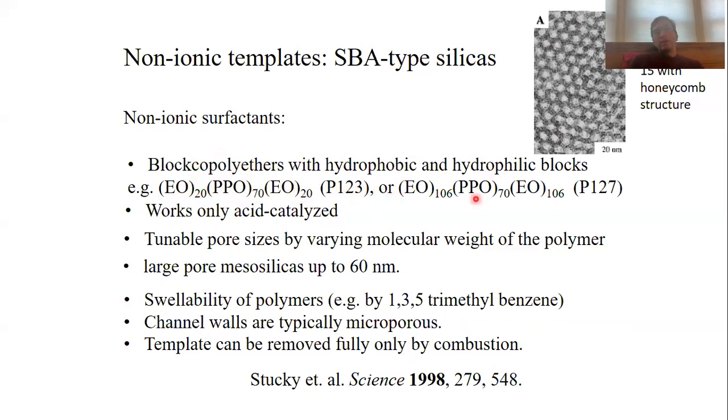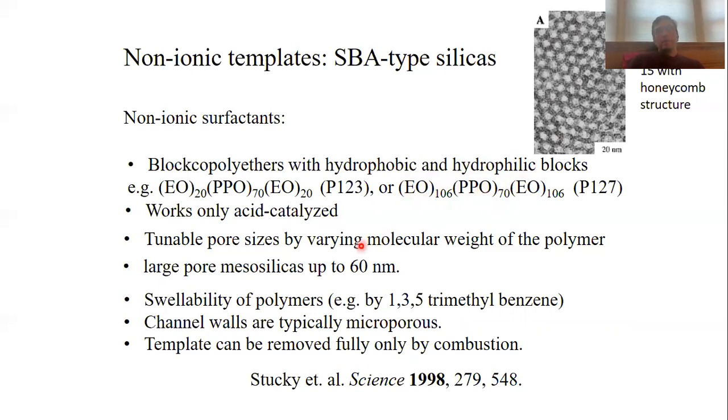Okay, here's another example. This is called P127. This is nothing else but a trade name given by the manufacturer BASF, in which we have 106 ethylene oxide blocks in the end units and 70 propylene oxide blocks as the hydrophobic middle part.